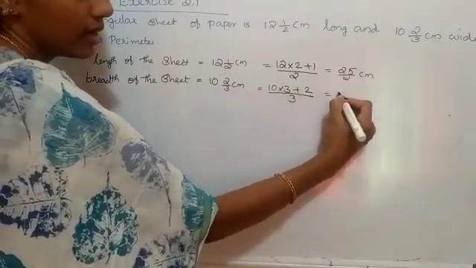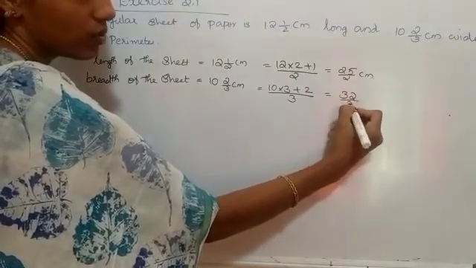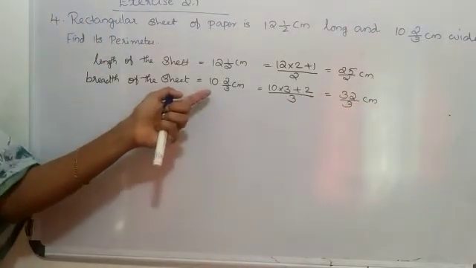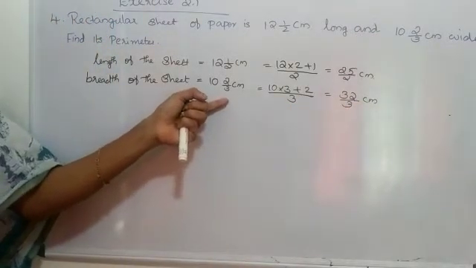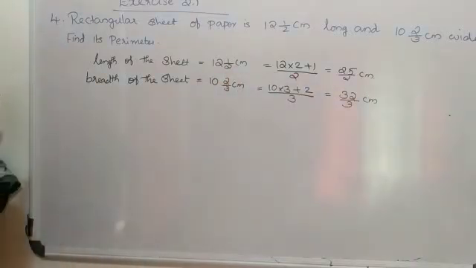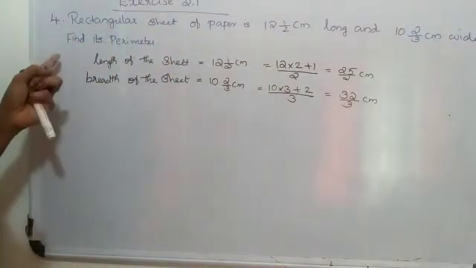We will get 30 plus 2 is equal to 32/3 centimeter. So the mixed fraction 10 2/3, as an improper fraction, is 32/3. Clear how to convert a mixed fraction to improper? Okay. Now moving on to the question.